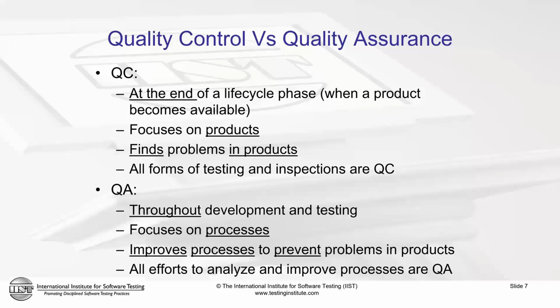That's all what it is. So in order to do a good quality assurance, we have to do good analysis of the defects we found already through quality control, and to try to find the causes or the root cause of those defects, and find where in the process those defects are being created, and we focus on those.